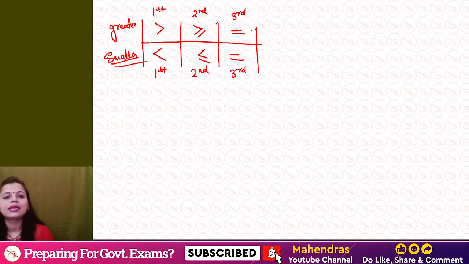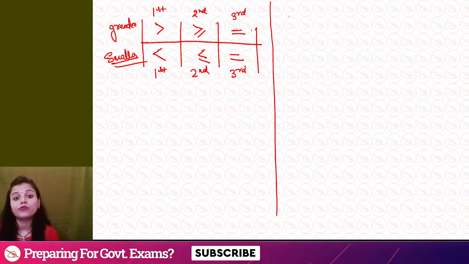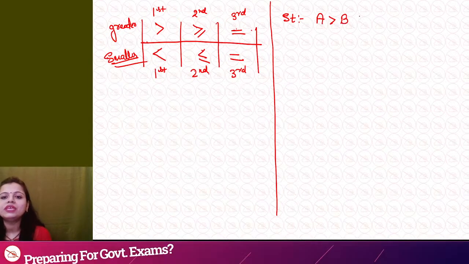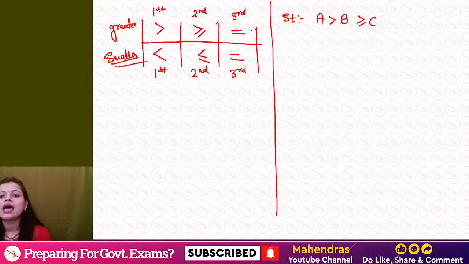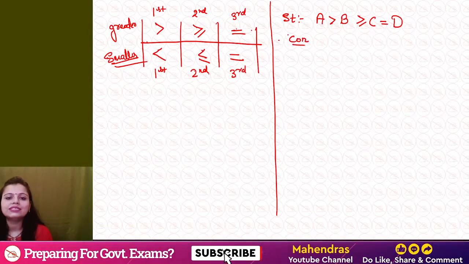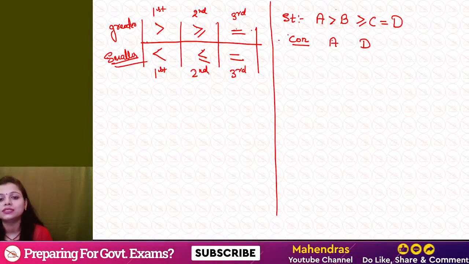Next, why does the greater sign get the first preference? Let's say the statement is given: A is greater than B, B is greater equal to C, and C equal to D. In the conclusion, what is the relation between A and D? Between A and D we get three signs: greater, greater equal, and equal.